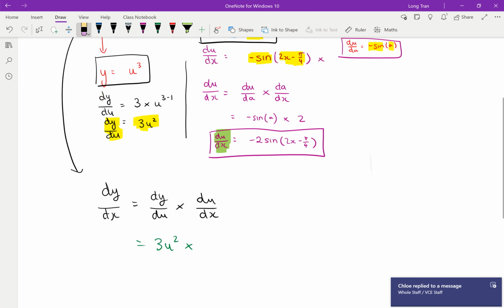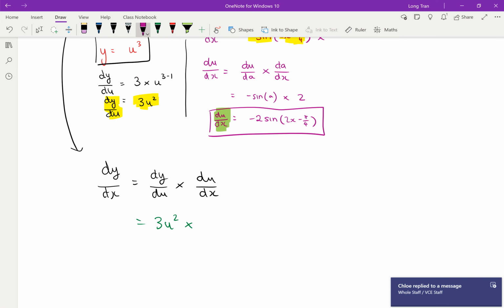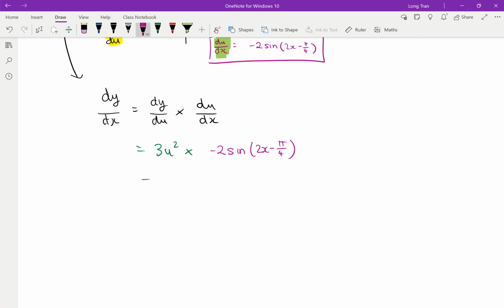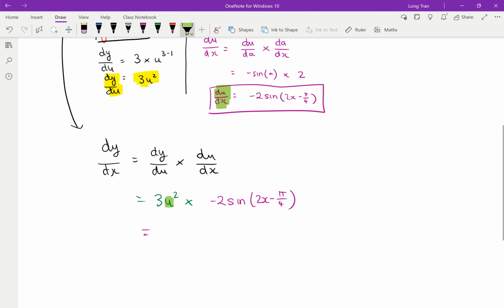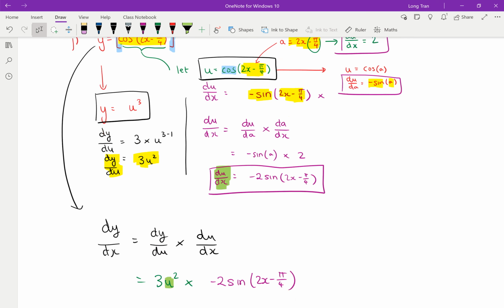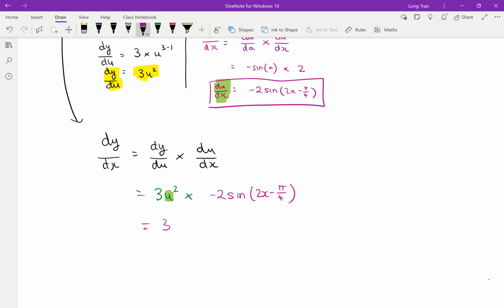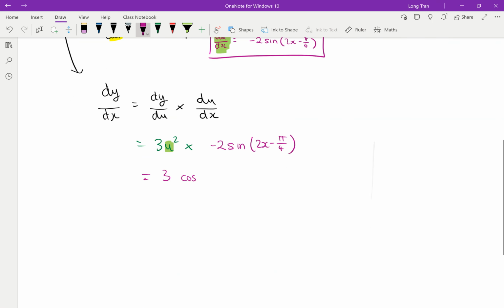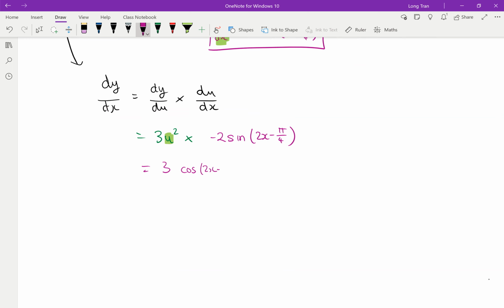Okay? And then, so now multiplying delta u, delta x, it's multiplying to negative 2 sine of 2x minus pi on 4. So putting them all together, this u value, what was that u? Well, u I defined as cos of 2x minus pi on 4. So you get this, 3 times cos of, what was it again? 2x minus pi on 4, and it's all squared, so cos squared, times negative 2 sine of 2x minus pi on 4.